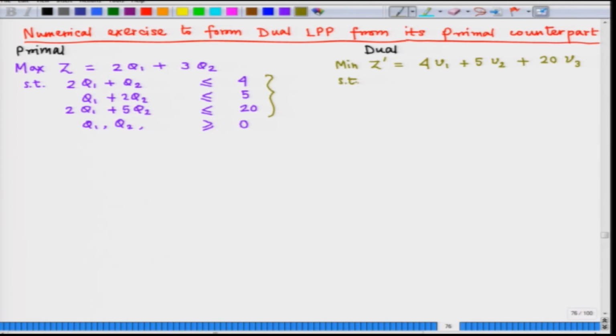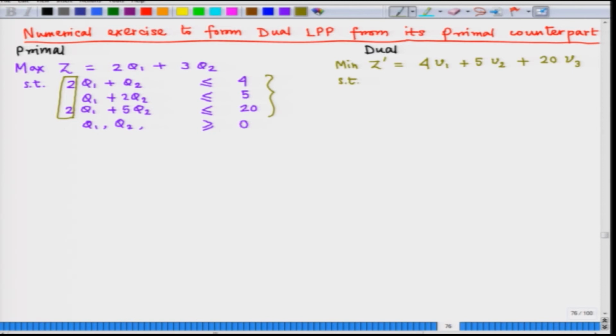Now, let us write down the constraints. So, as we know that the column vector that we see here will now become the row vector, right.